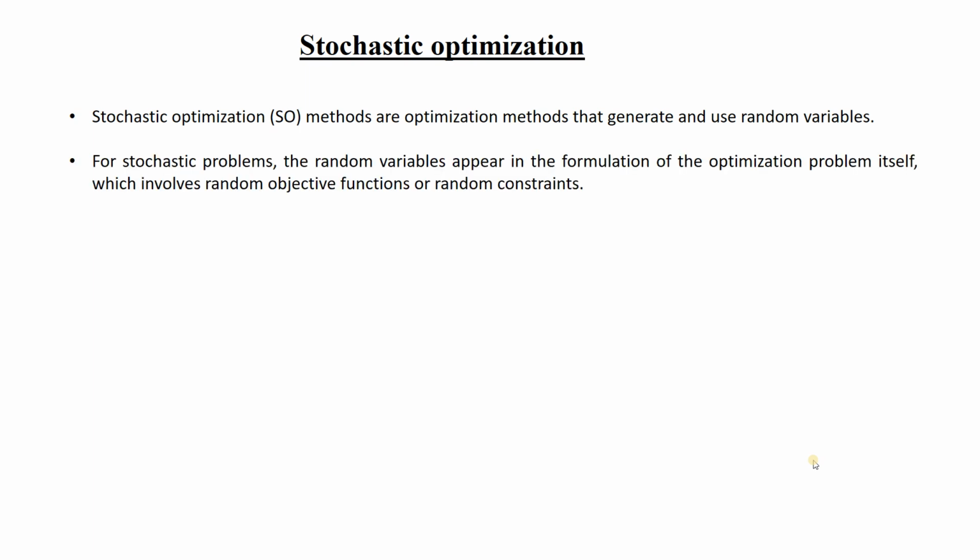For each stochastic problem, the random variables appear in the formulation of the optimization problem itself, which involves random objective functions or random constraints. That means these control variables are assigned some random solutions, and you solve the equation.